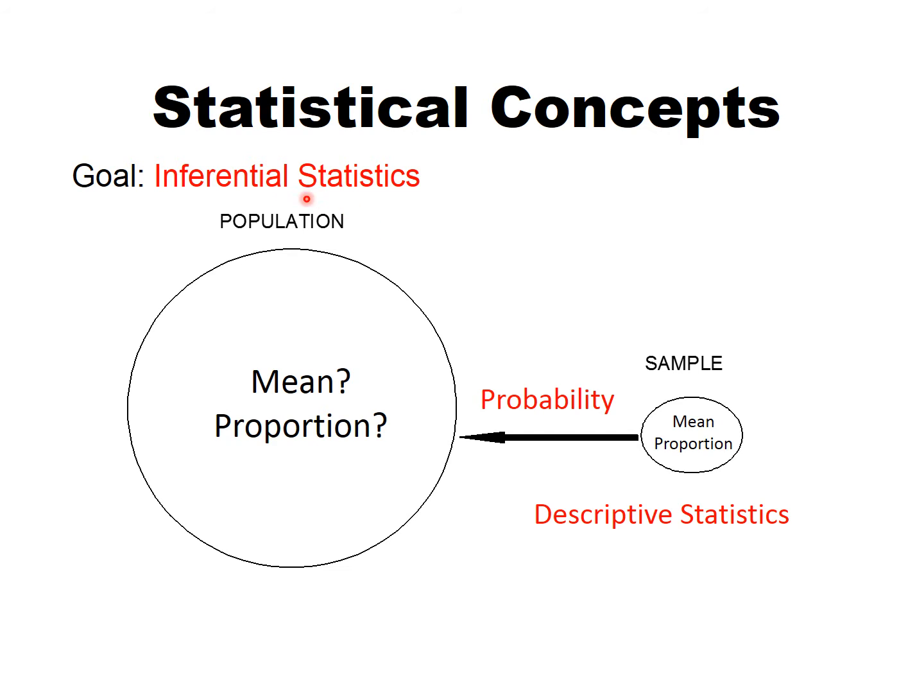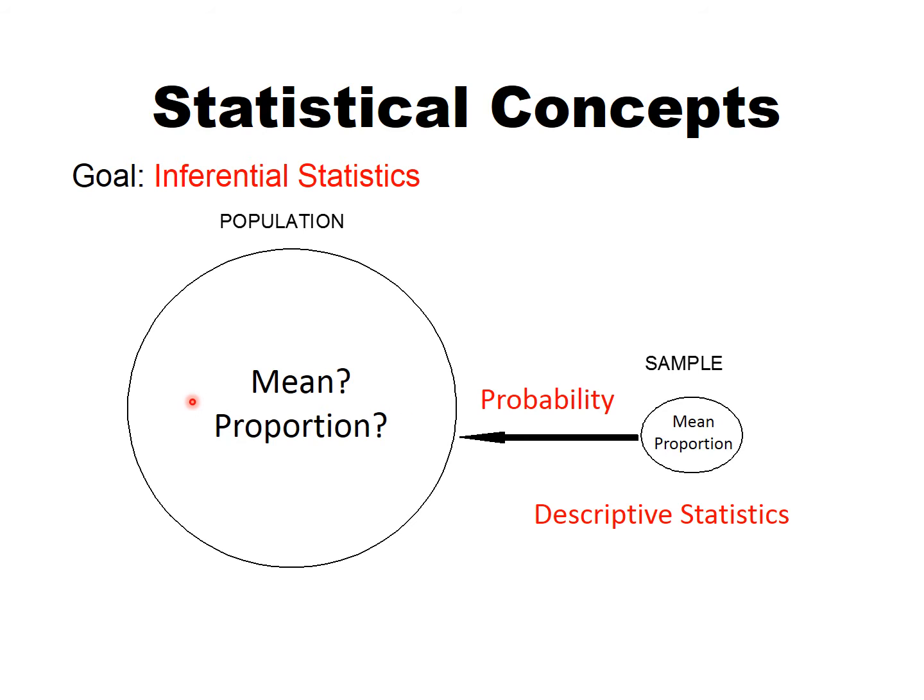So in a statistical study, we'd like to know something about a large population. So our population might be a group of people, a group of animals, a group of candy, or whatever, some very large population. In that study, we might want to know the mean of that population, like a mean height or a mean weight. Or maybe you want to know a proportion, like what proportion of that population of candies is blue or something like that.